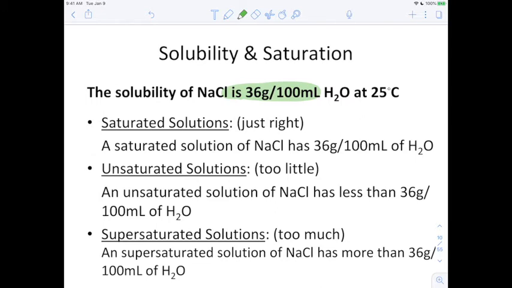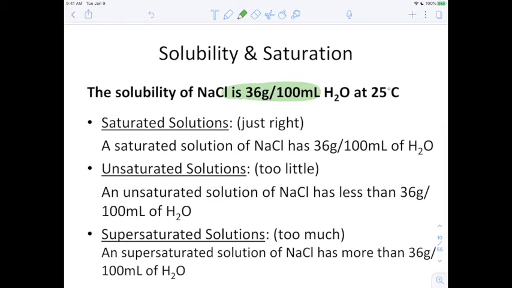That is not something you need to memorize. But if I were to give that to you, I would want you to understand what is saturated, unsaturated, and supersaturated. Saturated means you have the perfect amount, the maximum amount in solution. When you're in class or here online, I try to saturate your mind with chemistry, which is I try to give you the perfect amount. I don't want any corner of your brain to be like, oh, I wish she gave us more chemistry.